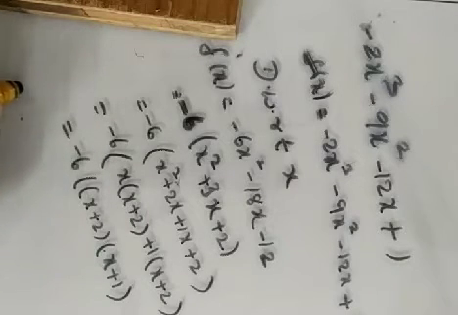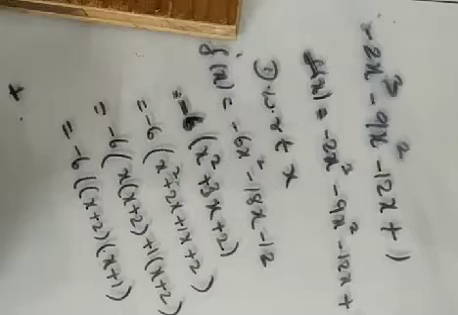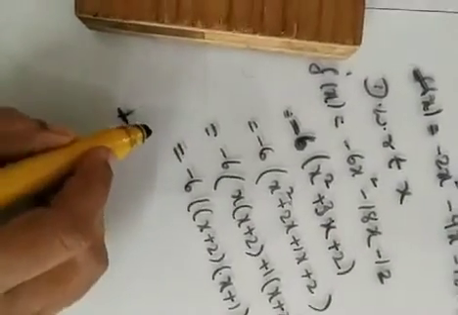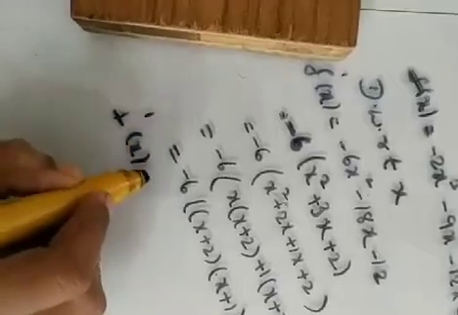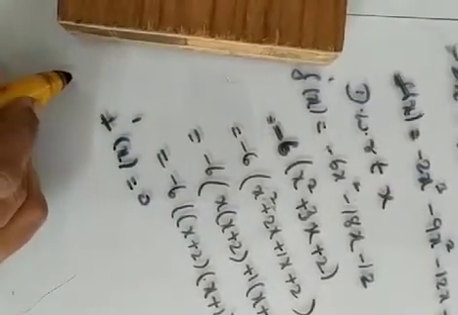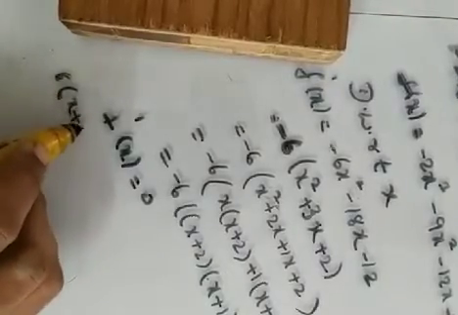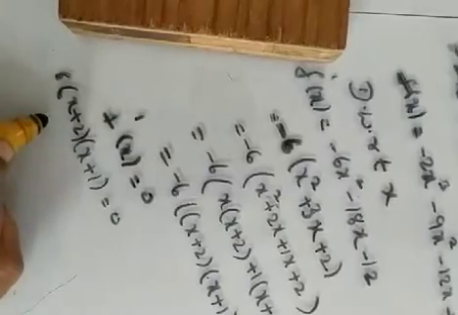It means that if you take f dash of x is equal to 0, you will get 6 into x plus 2 into x plus 1 is equal to 0.